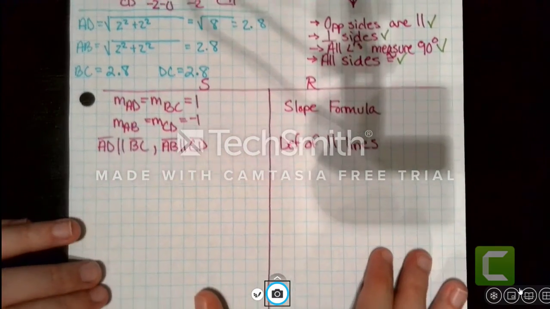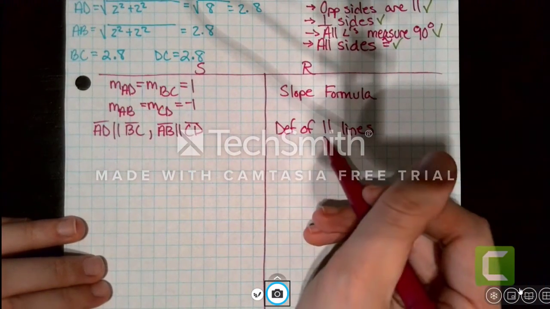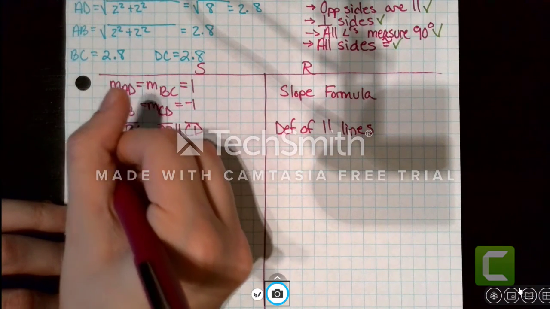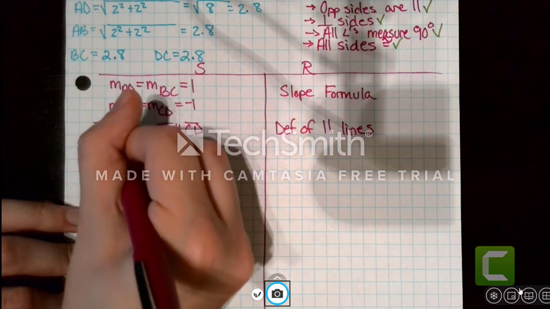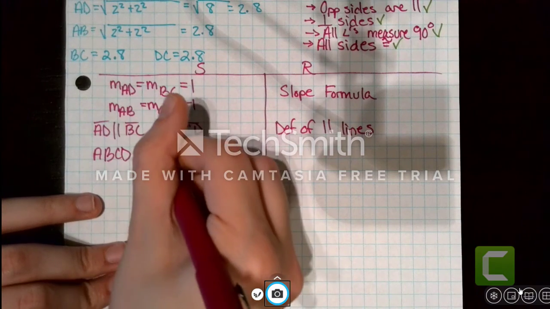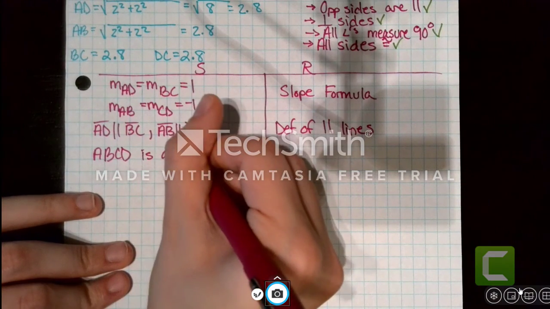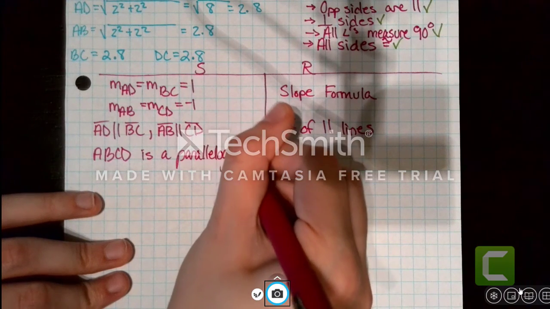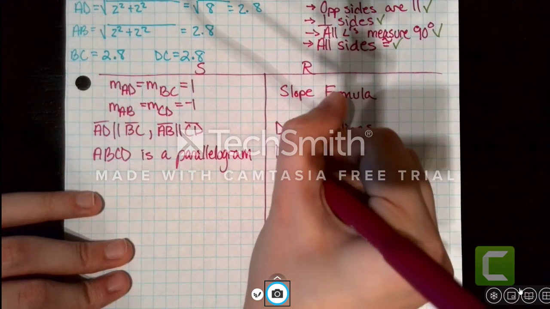And just like in our former examples, if we've proven that opposite sides are parallel, then that means that shape ABCD is a parallelogram, by the definition of the shape.